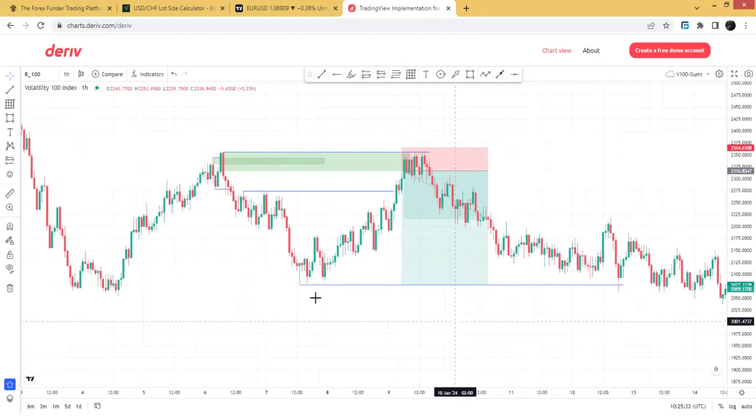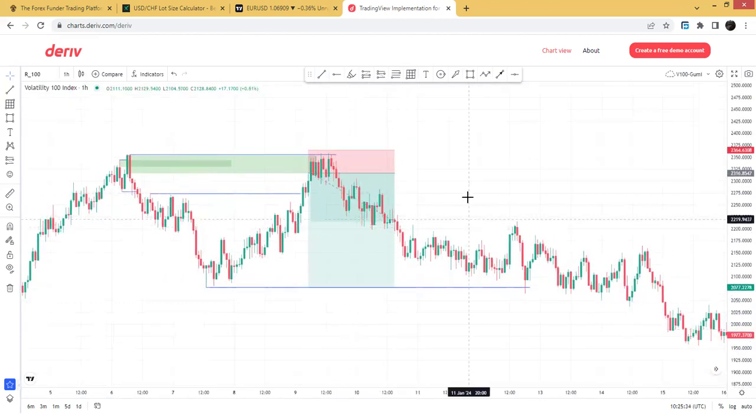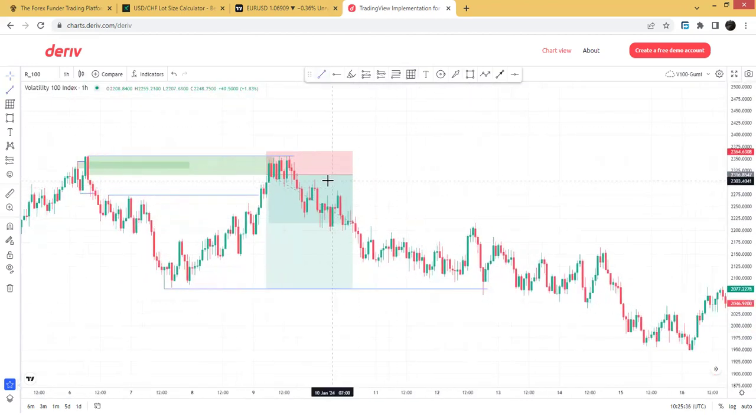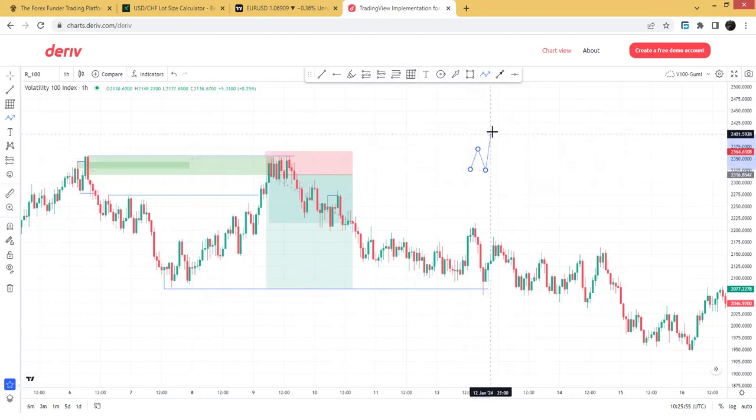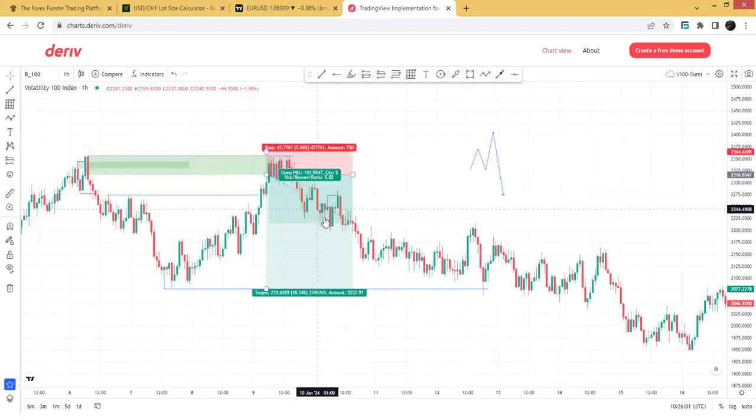Okay, but let's keep looking on the 1 hour time frame. Do we see this is another sweep here that I'm saying here? This is a sweep, right? Even though this one, I'm just using experience to say that this is a sweep, because remember, your sweep should be a swing high or a swing low. Basically, this is what you want. Like a swing, not a candle, right? But I know this is the 1 hour time frame.